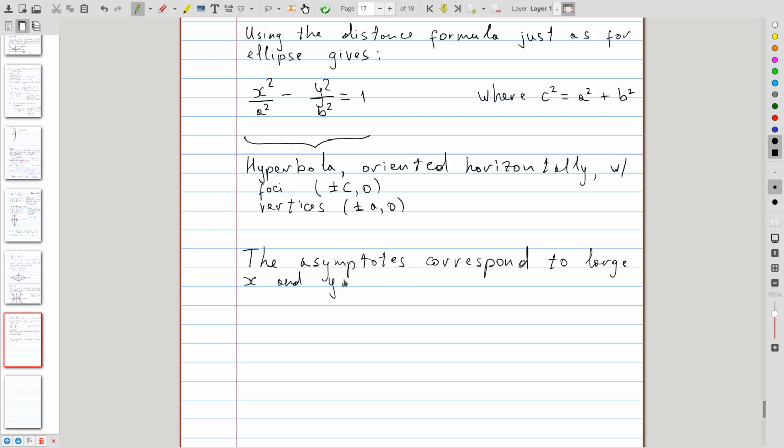So this means that in the equation x squared over a squared minus y squared over b squared equals 1, 1 is much smaller than the other terms.